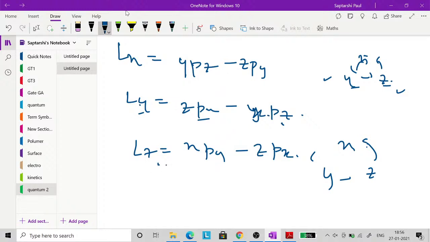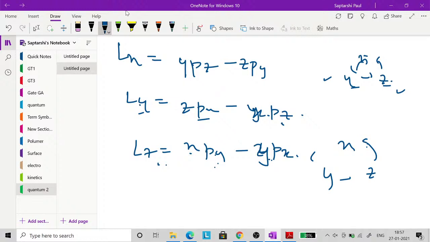Similarly for Lz, first will come x and py, then no, not z, this will be ypx.